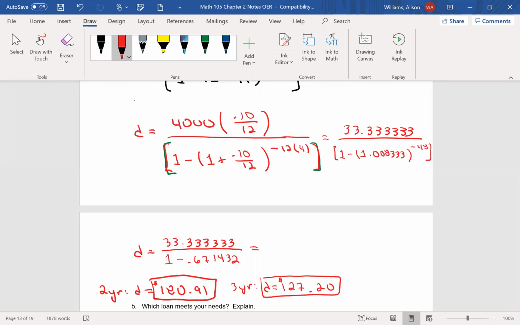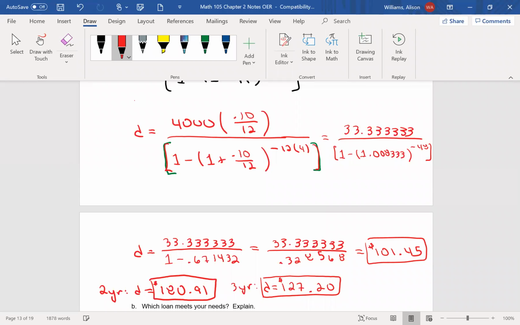That's going to give me 0.3285868. Okay. Now I'm going to divide that. All right, and I'm getting 101.45.